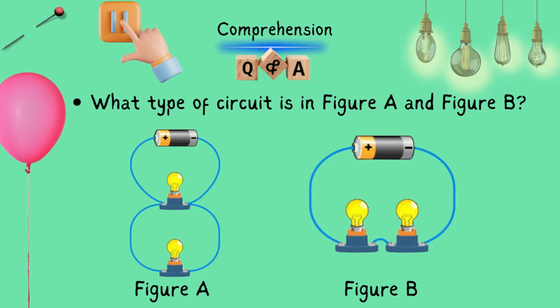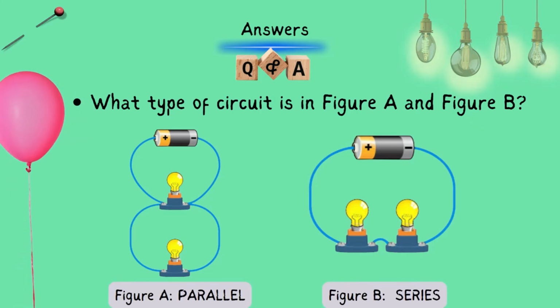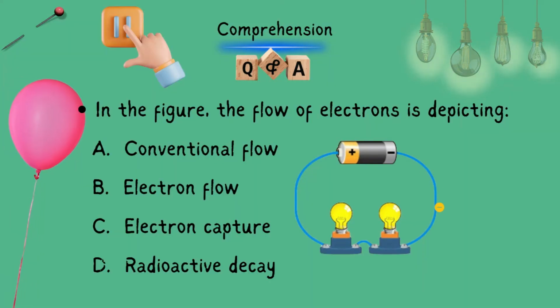Comprehension. What type of circuit is in figure A and figure B? You may pause the video to answer these questions. Figure A is a parallel circuit and figure B is a series circuit.